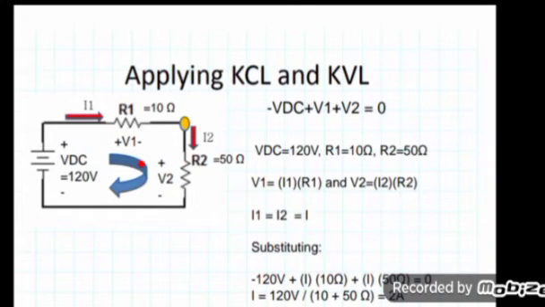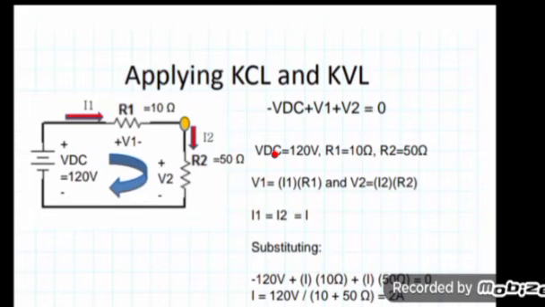According to Ohm's law, V1 should be equal to I into R, the product of current and resistance. The current through resistance R1 is I1 and the value of the resistance is 10 ohm, so it will be I1 multiplied by 10 ohm. The same concept applies to V2, which is I2 multiplied by the resistance value, 50 ohm, so 50 I2.